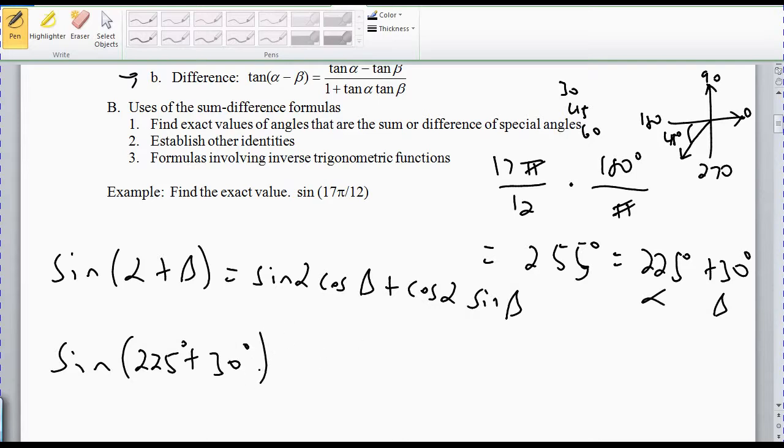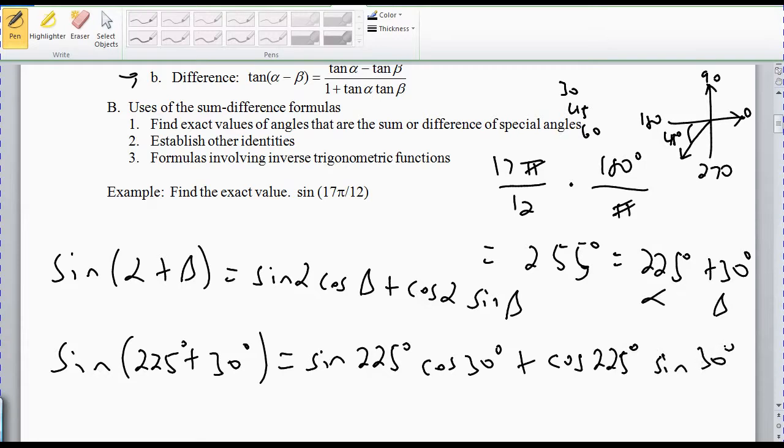And if you want to, you can convert those back into radians, which I probably should, but for the sake of not wanting to, I will leave it like this. So my formula has sine 225 degrees, cosine 30 degrees, and then cosine of 225 degrees, sine 30 degrees. I'm just using the formula.